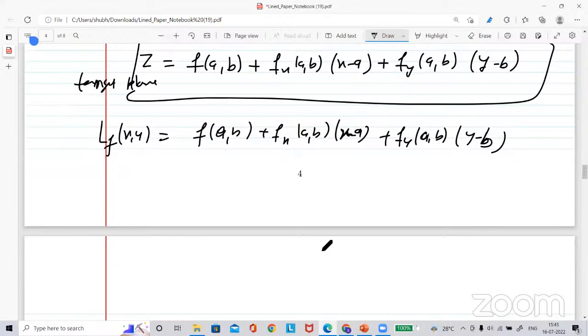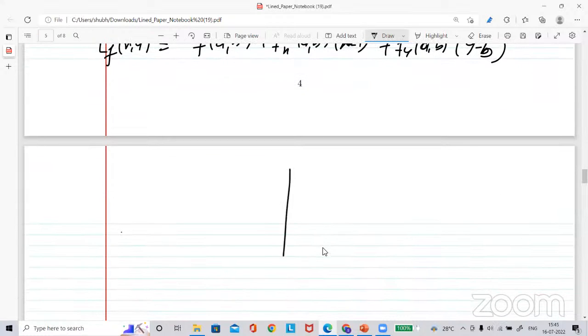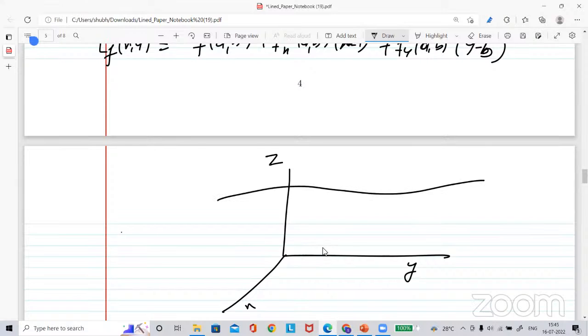Linear approximation means if you have a function of x, y, and z, and the graph of the function is this, suppose.